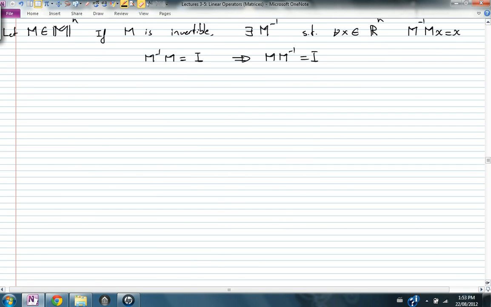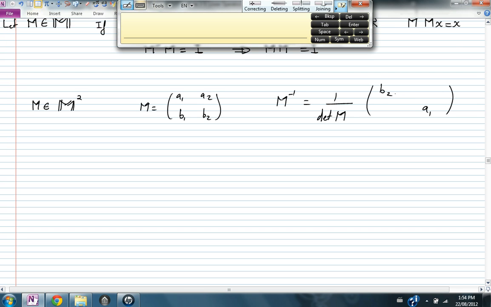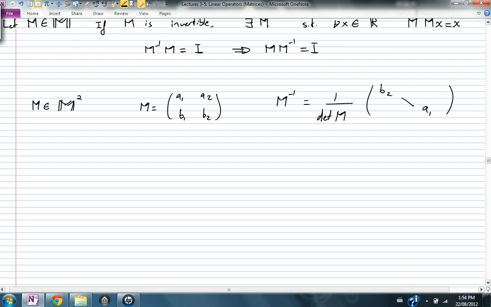The objective is not to show you how to find the inverse of a matrix, but quickly, if I have a 2 by 2 matrix M equal to A1, A2, B1, B2, then M minus 1 is equal to 1 divided by the determinant of M multiplied by the matrix with B2 and A1 exchanged and the signs of the off-diagonal components changed.